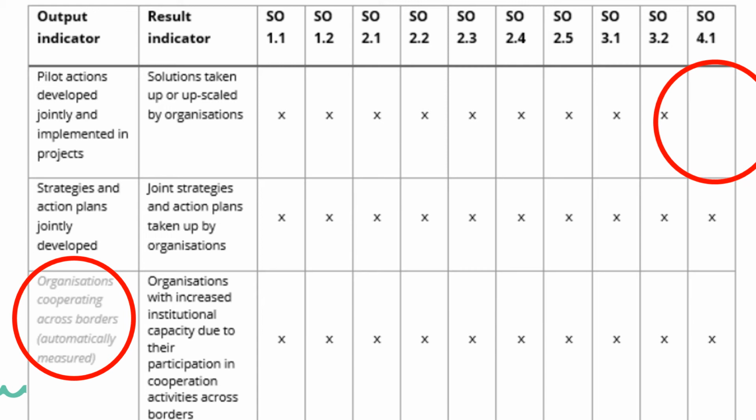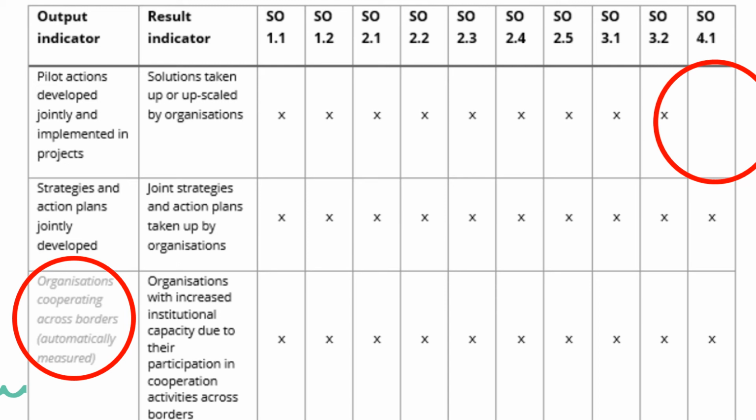There are 3 sets all in all, and output and result indicators are always connected. The first set of indicators relates to the pilots of a project. The number of pilots as output and the number of piloted solutions that have been taken up as results.